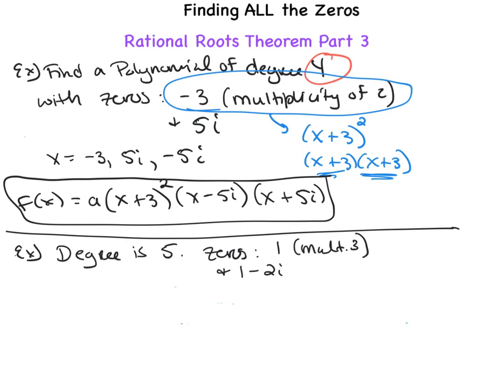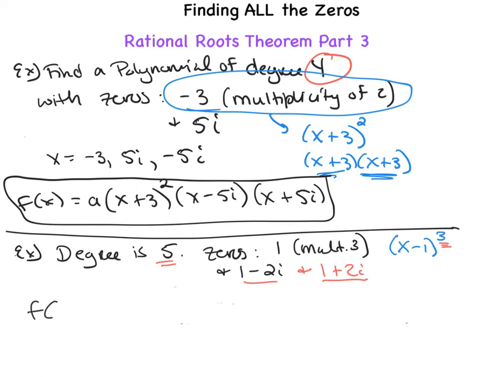Okay, so if I have a zero of x equals 1 with a multiplicity 3, I have x minus 1 showing up 3 times. Furthermore, if I have 1 minus 2i as a zero, then 1 plus 2i, its conjugate, is a zero. Now, including multiplicity, if you count all those, 1, 2, 3, 4, 5, we have our 5th degree.